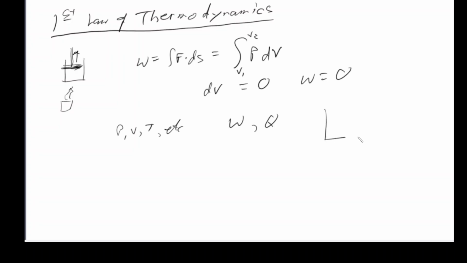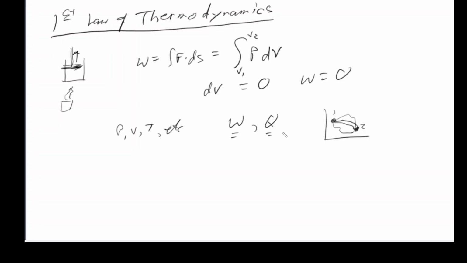So if you look at your pressure volume diagram, you get systems that can go through all kinds of transformations, and the path it takes from first to second state does matter when it comes to work and heat.